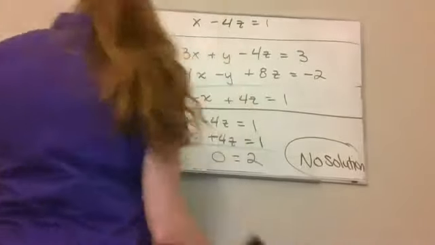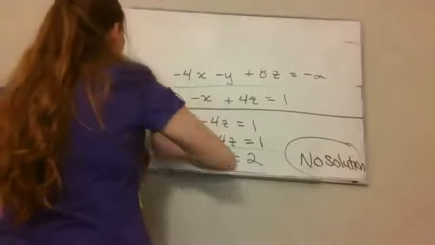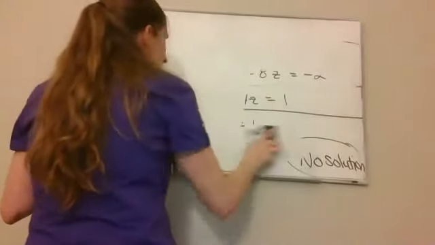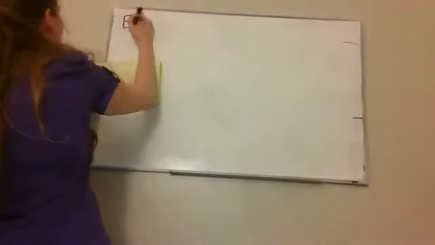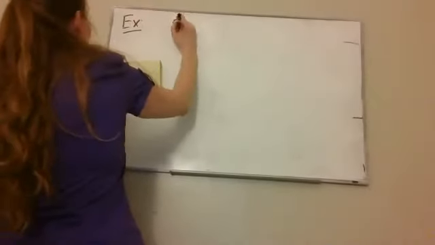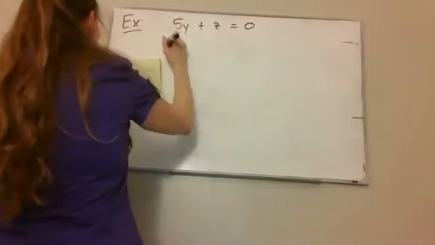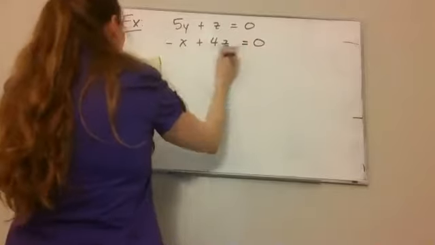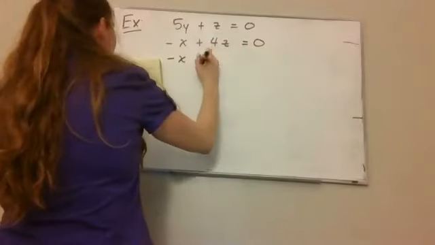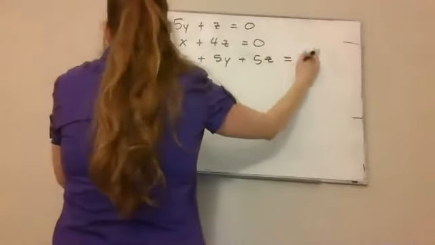Let's try another one. 5y plus z equals 0. Negative x plus 4z equals 0. And negative x plus 5y plus 5z equals 0.